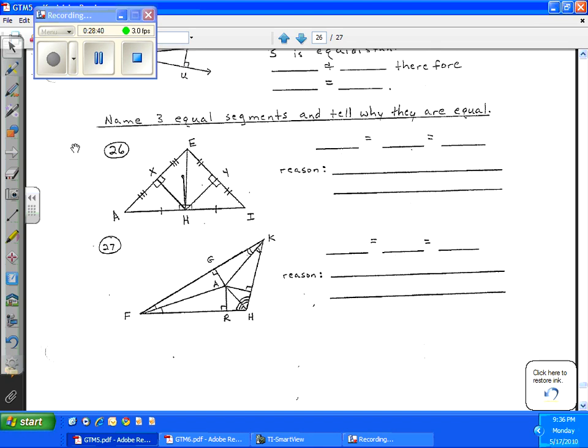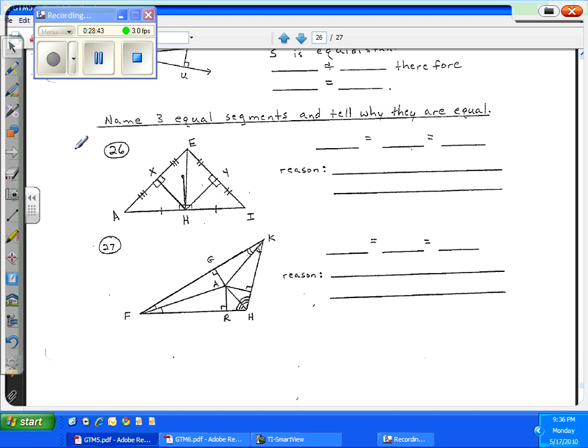Name three equal segments and tell why they're equal. When you look at the little mark 90, that tells us we have a perpendicular bisector of a side. So here we have a mark, two marks, two marks, 90. Therefore, we have the perpendicular bisector of the side.